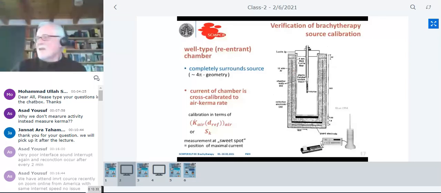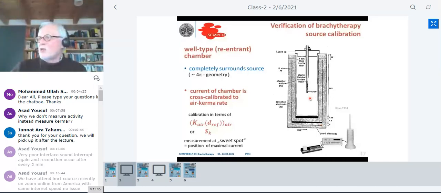And now you can place your source inside this, and what happens is that all the radiation that is emitted from the source is seen by the ionization chamber, except for the top here, for the lid. But you get information on the total amount of radiation which is emitted from the source.